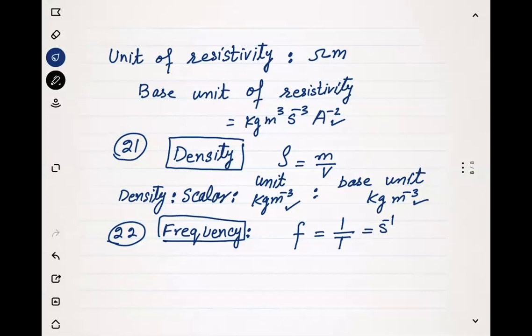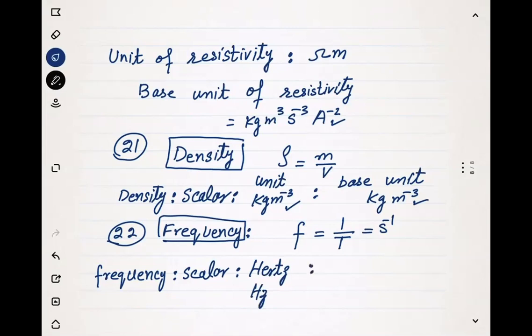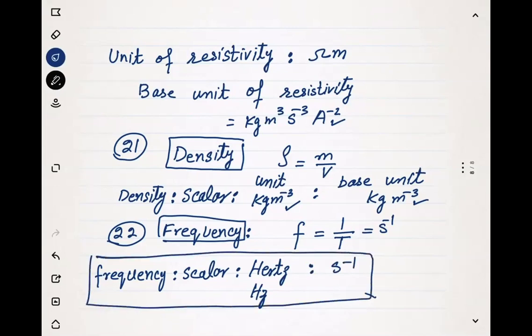So frequency, which is a scalar quantity, has a unit of hertz, represented by Hz, and a base unit of second inverse. So these are the unit and base unit of the quantity frequency.